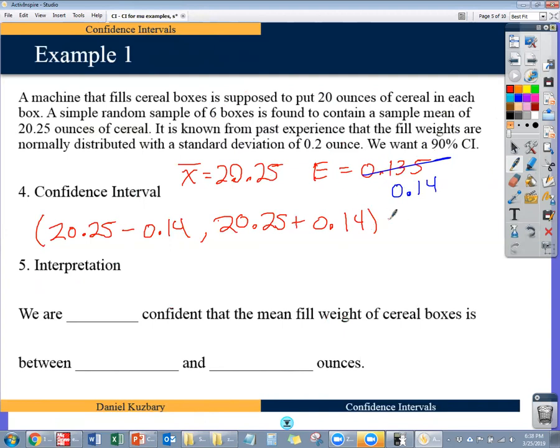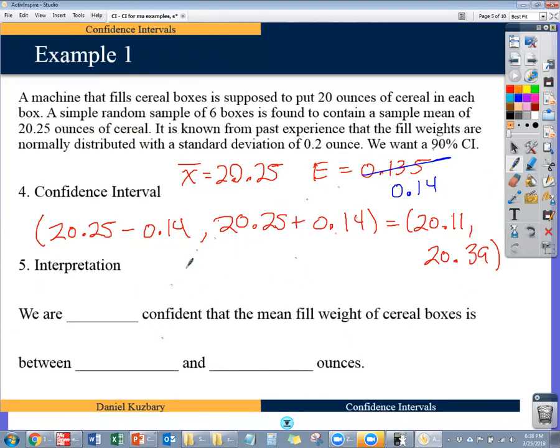That gives me the confidence interval: 20.11 and 20.39 if you do the addition. So there's my left endpoint and there's my right endpoint. That just comes from taking x bar, subtracting E and adding E, so x bar is perfectly in the middle.